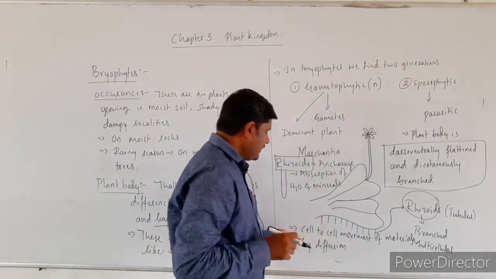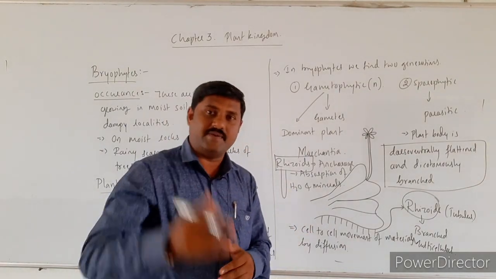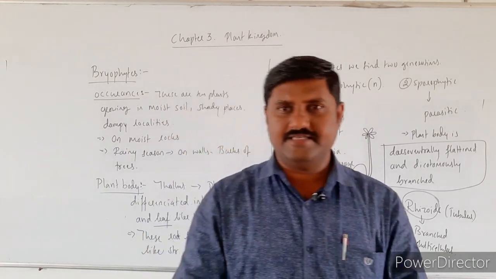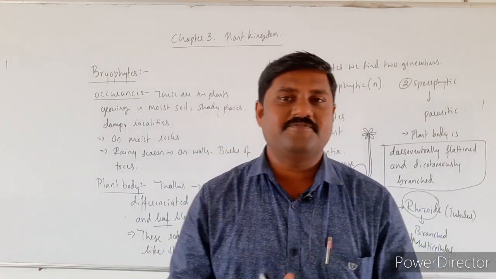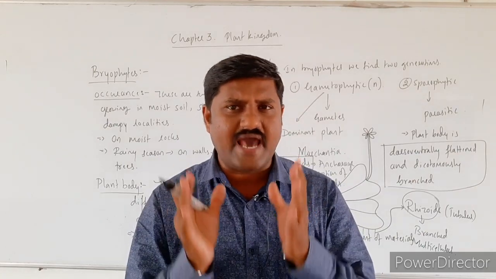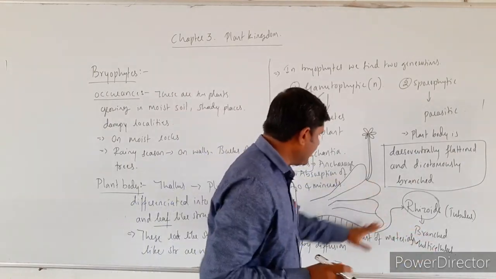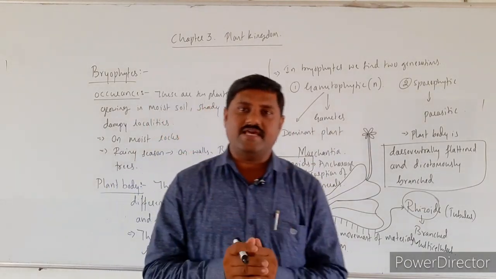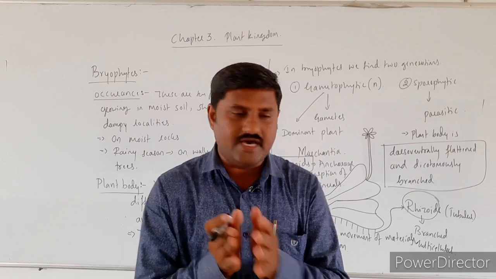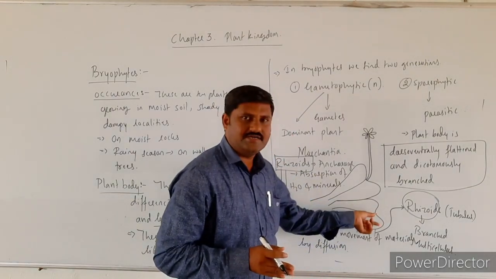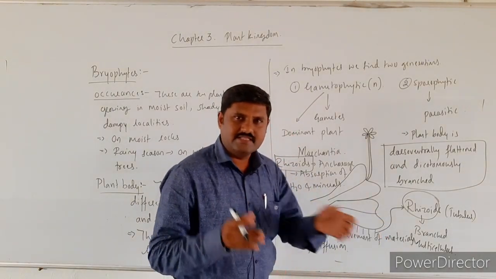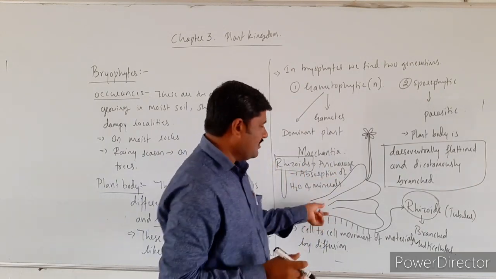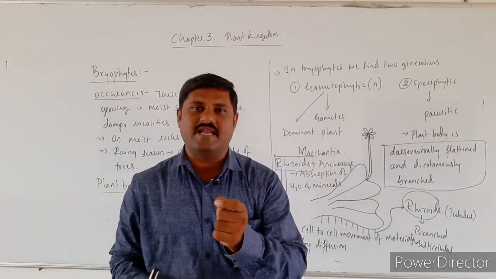Right? So apart from this, in higher plants, Funaria, it's a moss plant. In mosses, in Funaria, you will find one unique feature, some of the parenchymatous tissue. Why? Because the entire thallus itself is made up of parenchymatous tissue. Some of the parenchyma cells group together at the central axis of the plant, they make one central axis, and that axis helps in conduction of water as well as food.